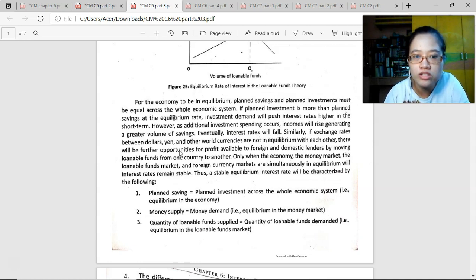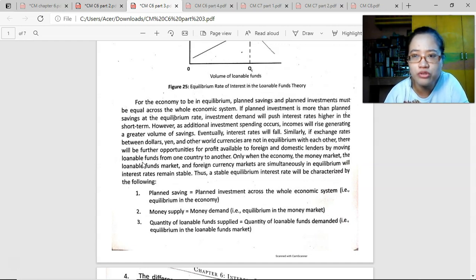Similarly, if the exchange rates between dollars, yen, and other world currencies are not in equilibrium with each other, there will be further opportunities for profit available to foreign and domestic lenders by moving loanable funds from one country to another. So, minsan nga yung economic situation ng isang country, its economic growth or development would affect the amount of foreign investors.